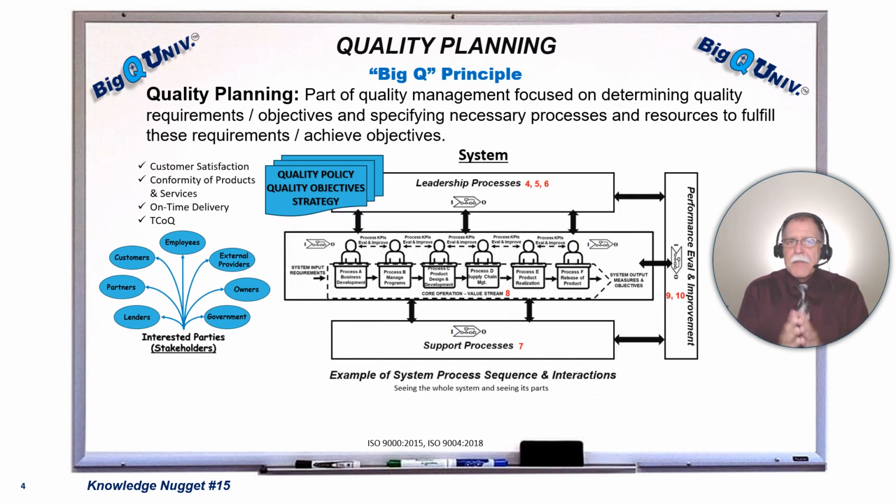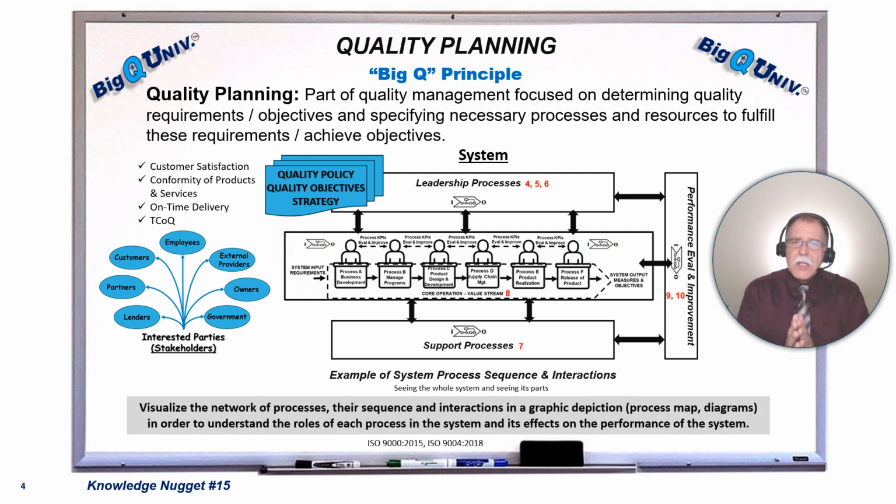Well, next we have to understand what processes are required within this system to achieve those objectives. And we can use the framework that we find in ISO 9001 for this. So we can start to understand what leadership processes we need, what operational value stream processes we need, what support processes we need, and what performance evaluation and improvement processes we need.